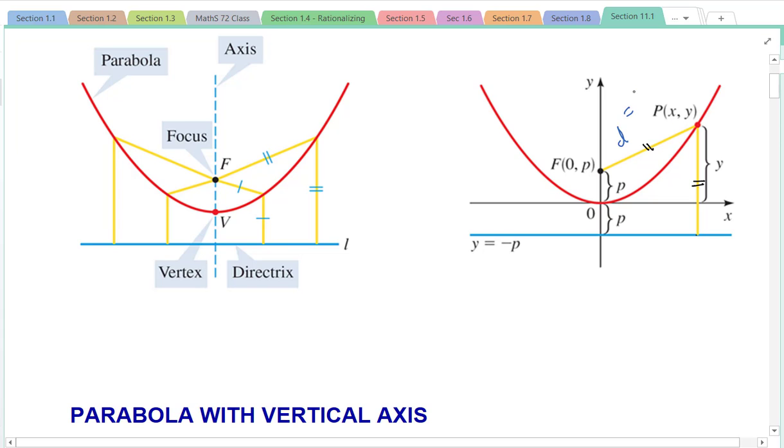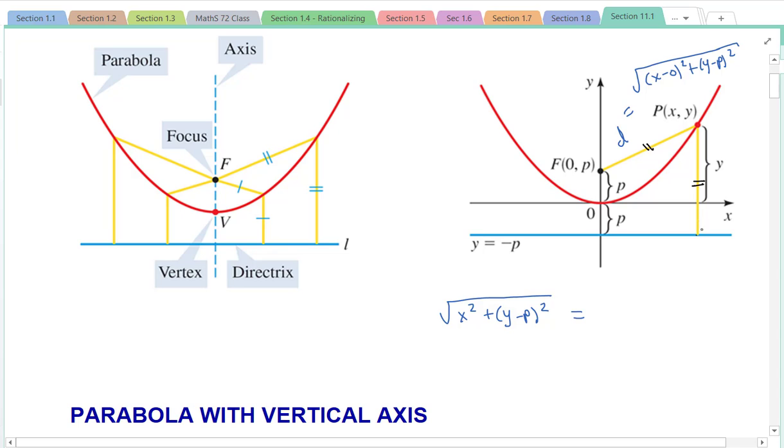The distance here will be the square root, using the distance formula, of (x minus 0) squared plus (y minus p) squared. So that will be that distance. And we're saying that this has to be the same as the distance of this line segment from the blue line, the directrix, all the way to the parabola.